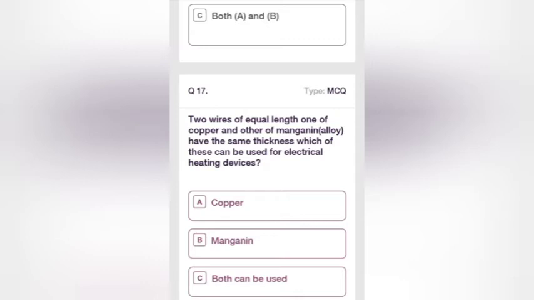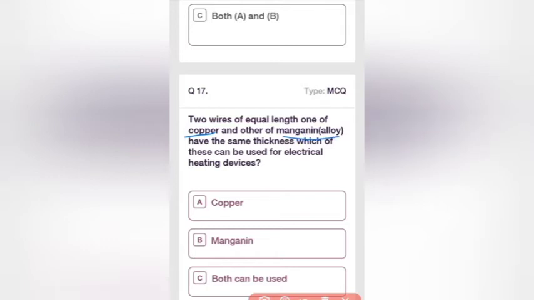Two wires of equal length, one of copper and other of manganese alloy, have the same thickness. Which of these can be used for electrical heating devices? Copper and manganese.